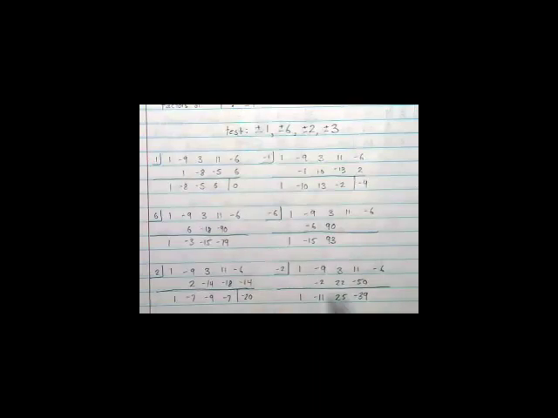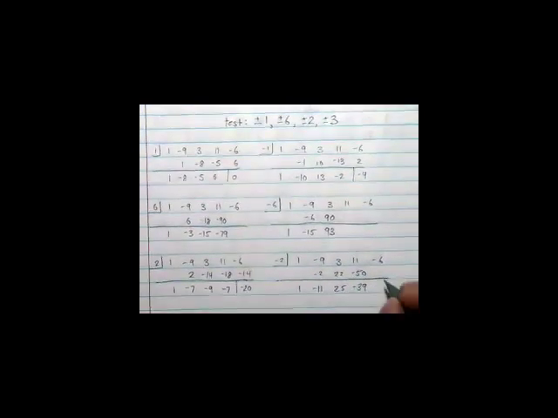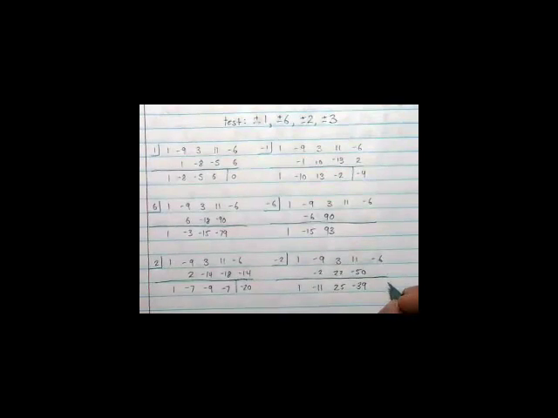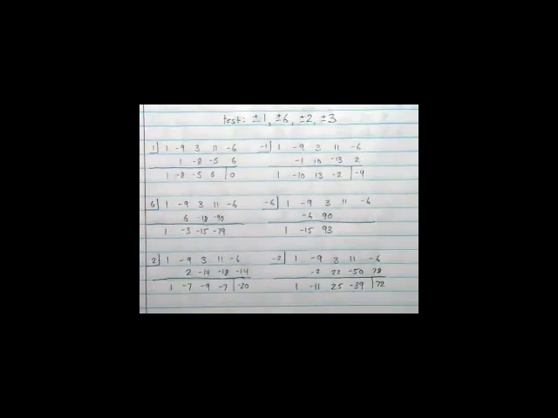Negative 11, 22, 25, negative 50, negative 39. 2 times 39 is 78. So that's getting 72.